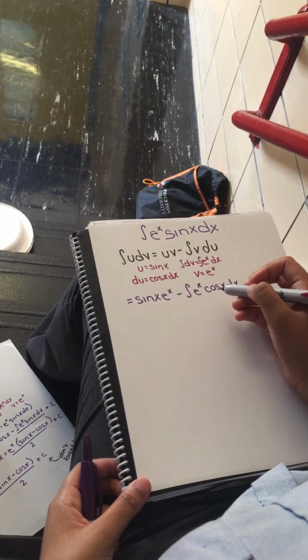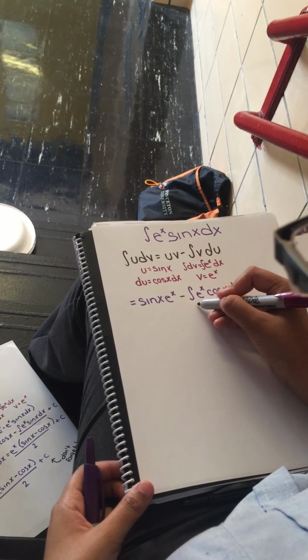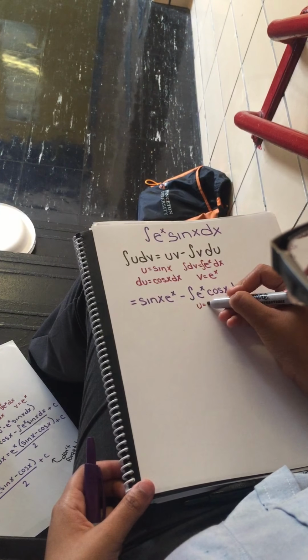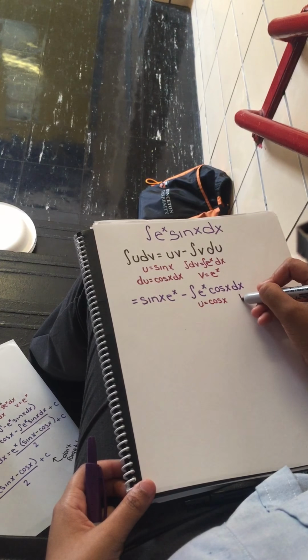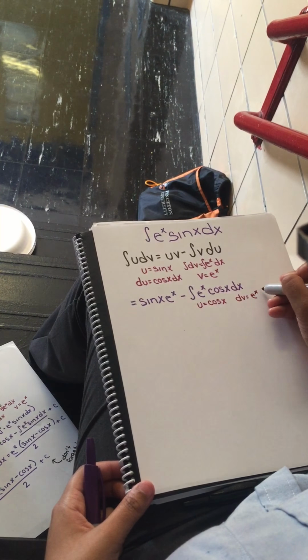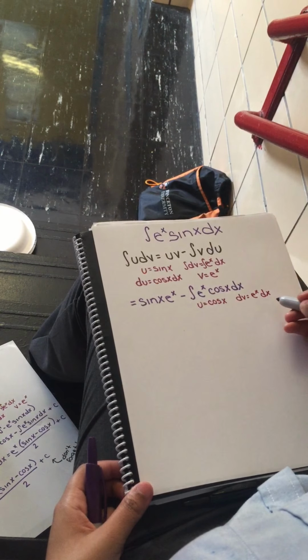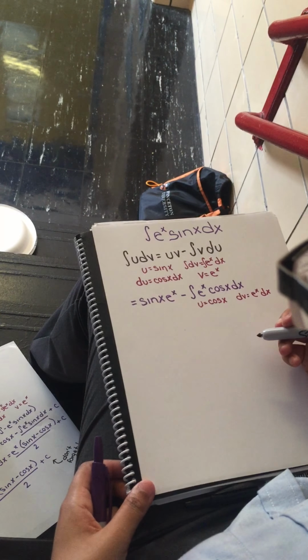So in this second time we're using it, we say u is cosine of x and dv is e to the x dx. Again, just make sure that your dx stays with your dv equation.